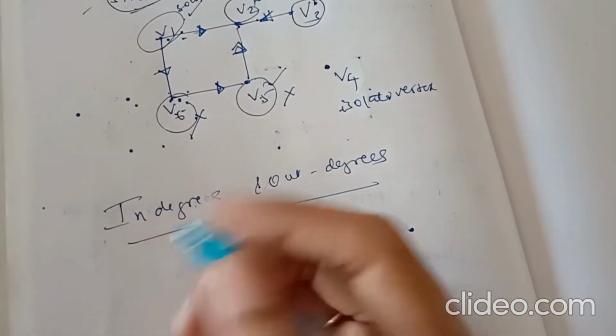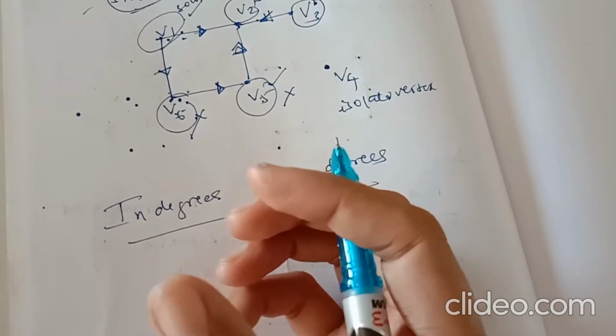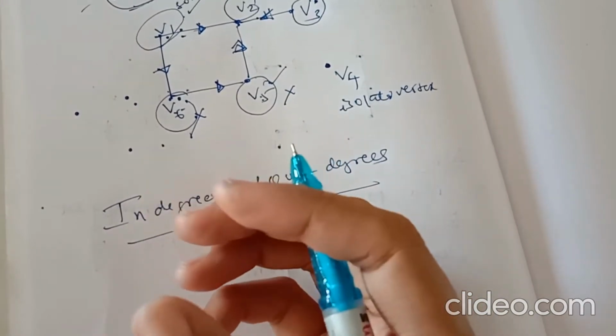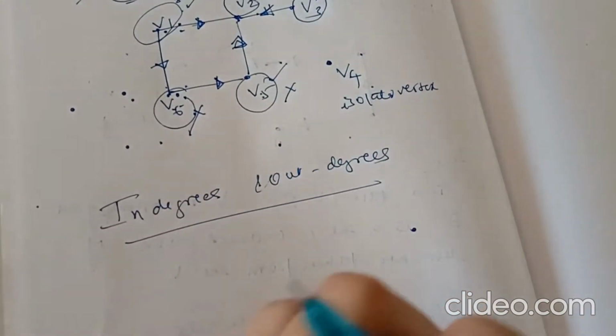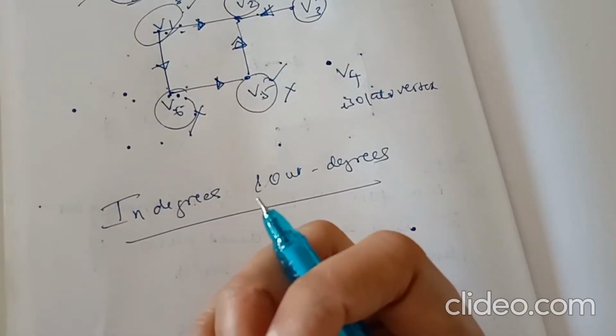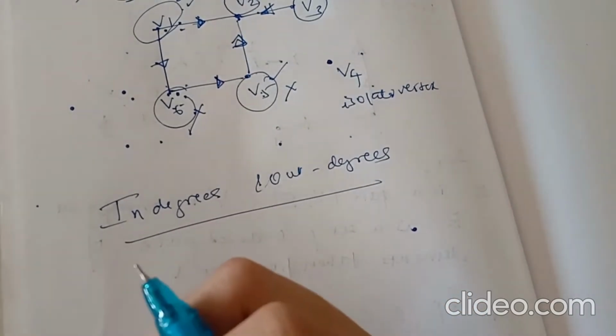So when do you say that the vertex has an outgoing degree or out degree? Or when do you say the vertex has an incoming degree or in degree?